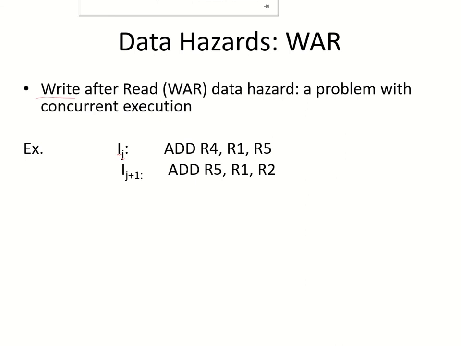A write after read data hazard is a problem which can happen when there is concurrent or out of order execution. Here, this register is being read, and R5 is being written in the next instruction.